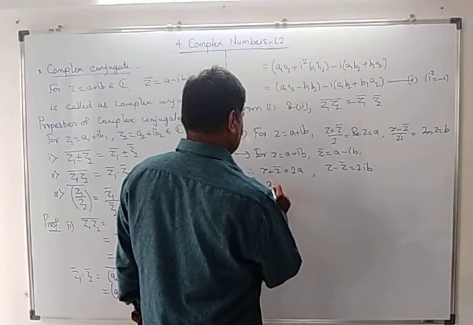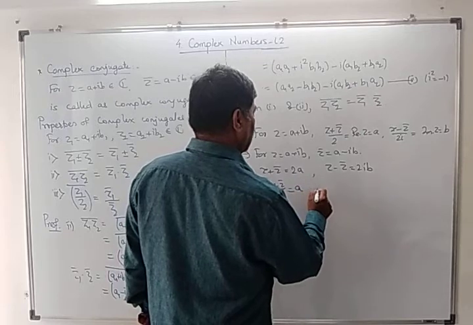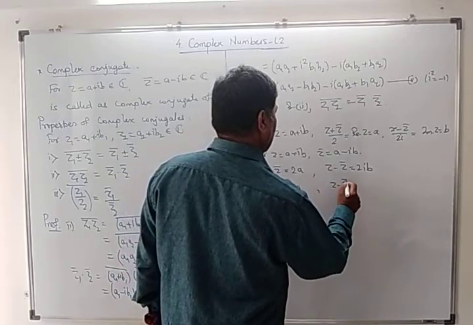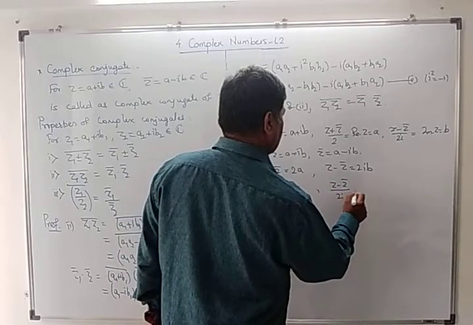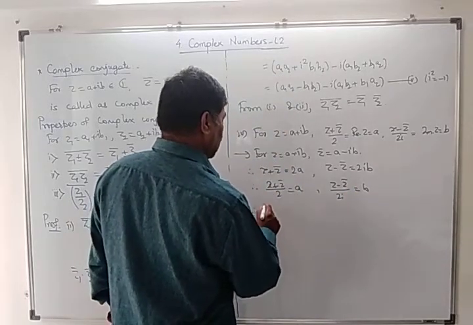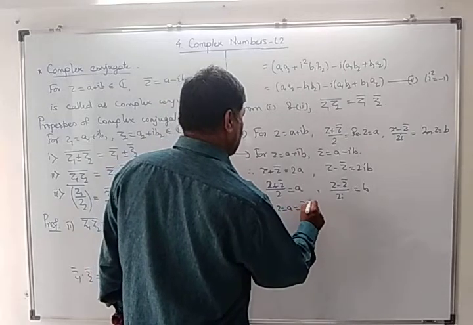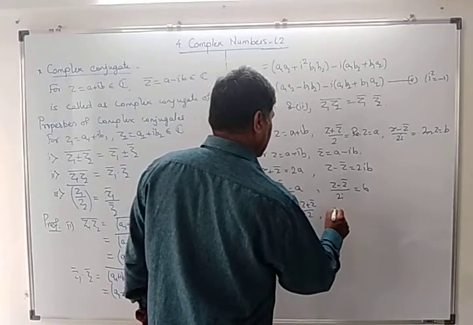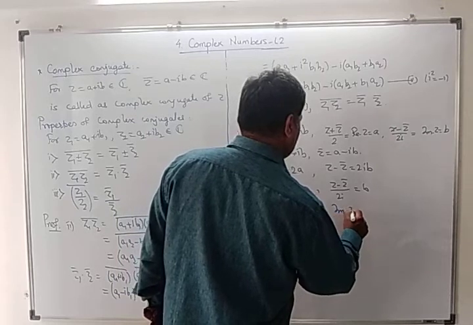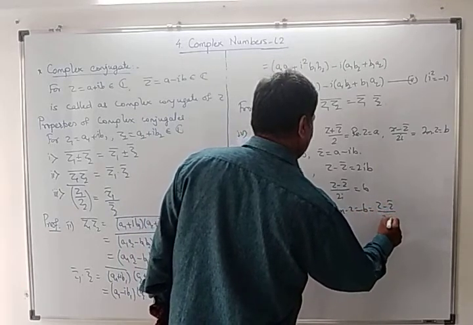Therefore, z plus z bar upon 2 is equal to a, and z minus z bar upon 2i is equal to b. Therefore, the real part of z, which is a, is nothing but z plus z bar by 2, and the imaginary part of z, which is b, is equal to z minus z bar upon 2i.